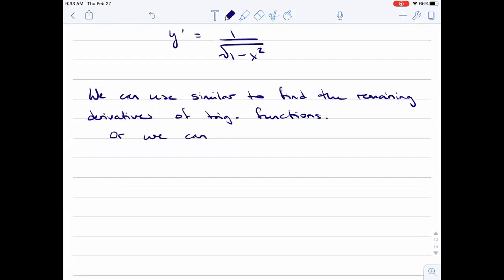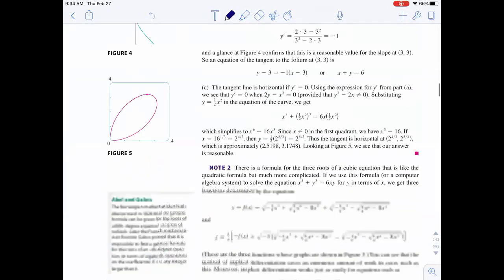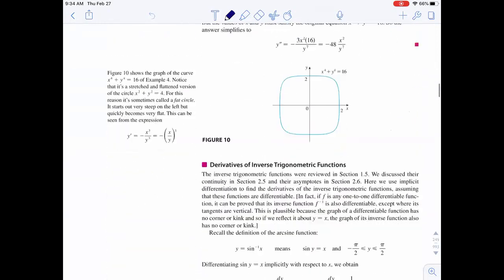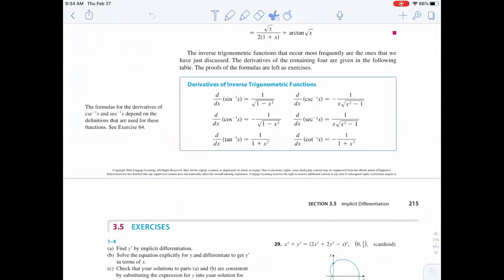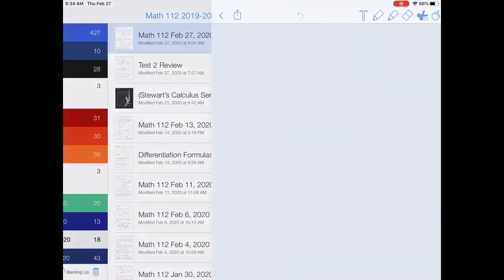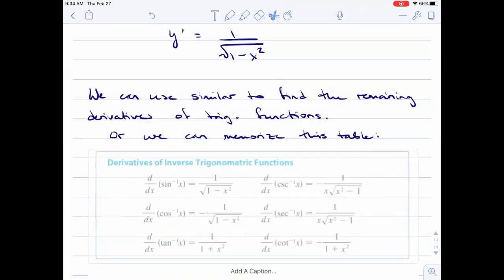Or we can memorize this table, whichever you prefer. And like I said, I'll give it on a printout, but I suspect we'll have a couple more, so you'll just have to wait until we've got a couple more on the printout. But they'll be in the notes for now.